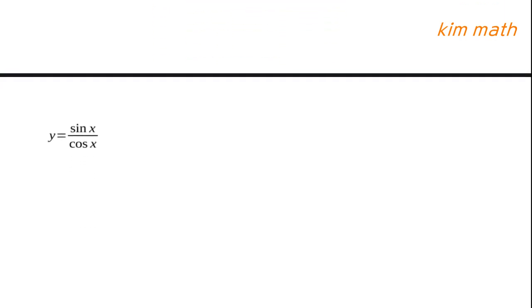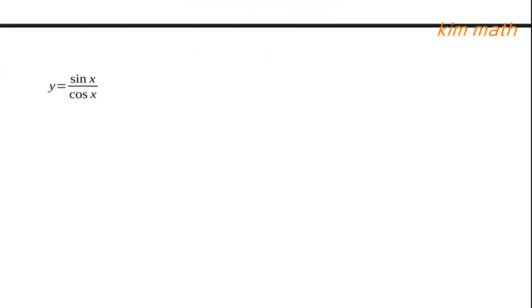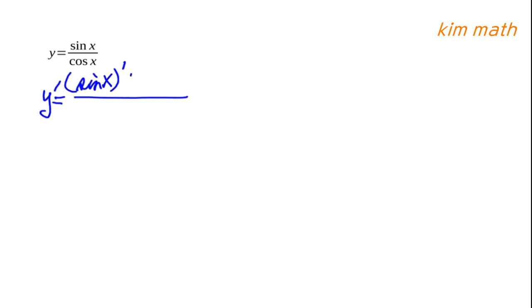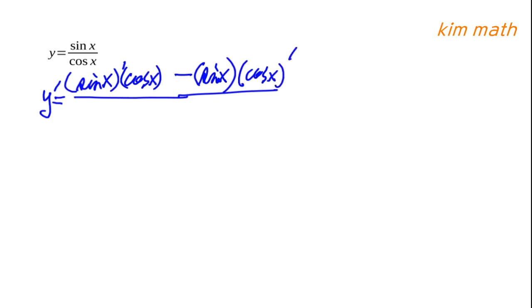Okay, one more question. y equals sine x over cosine x. I will use the quotient rule directly. y prime is f prime g, right? Minus f g prime over cosine squared of x.